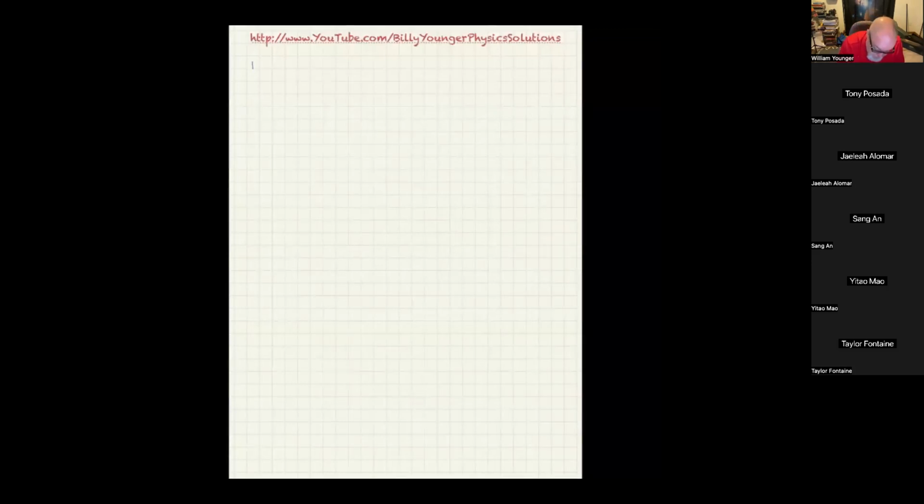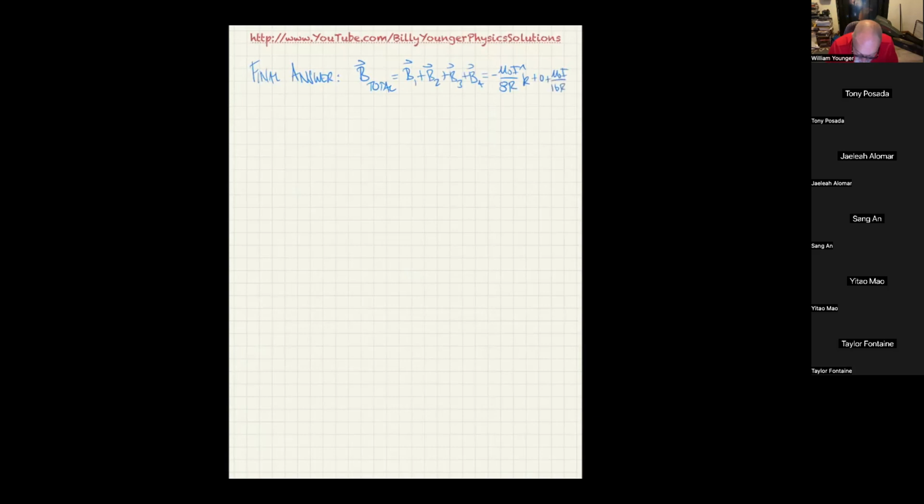And the final answer will be B total equals B1 plus B2 plus B3 plus B4, which you know is B1, which was negative mu 0 I over 8R k hat plus 0 plus mu 0 I over 16R k hat plus 0.